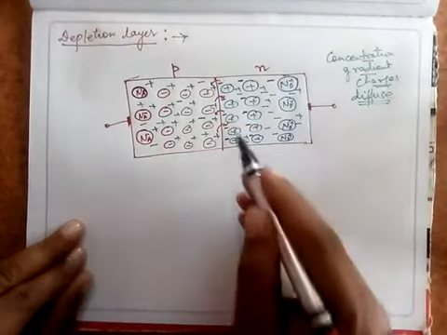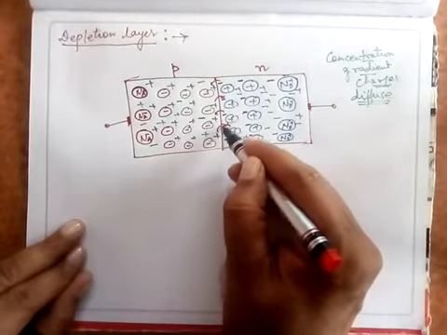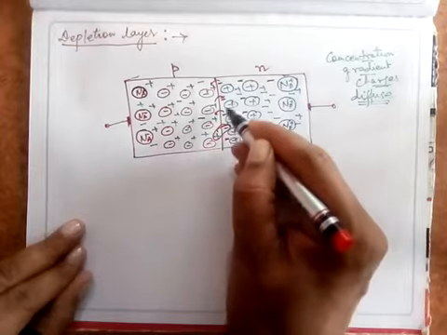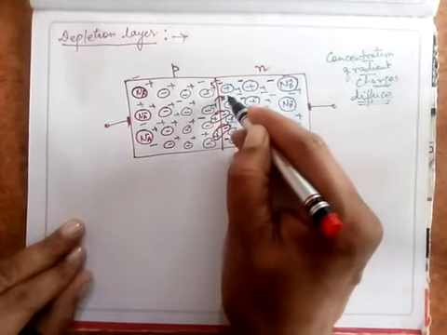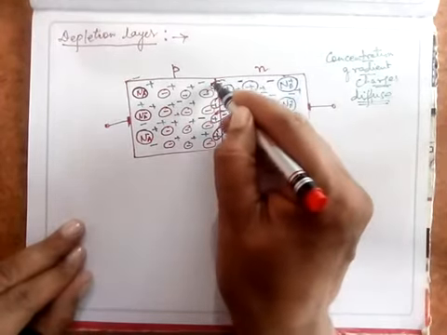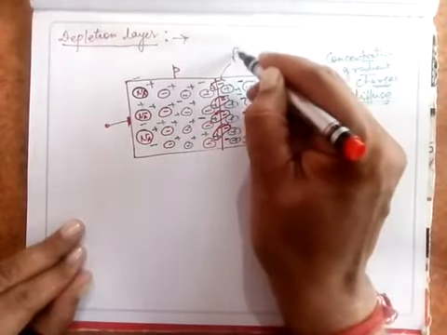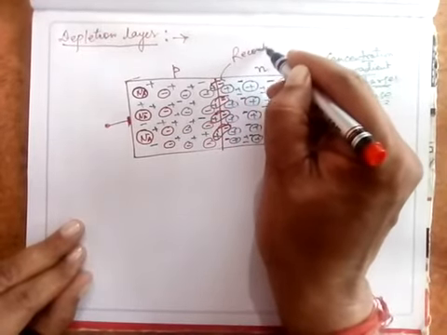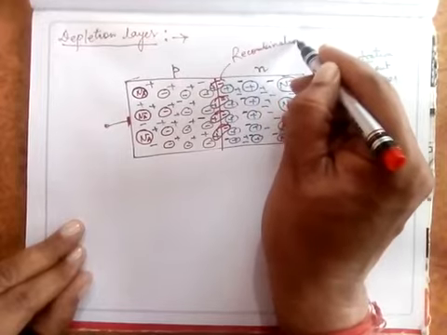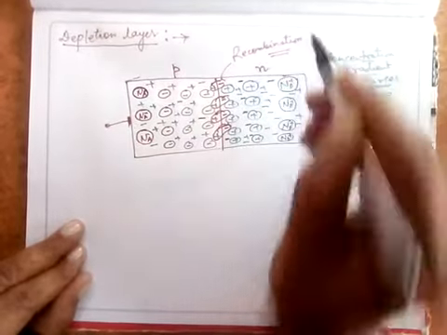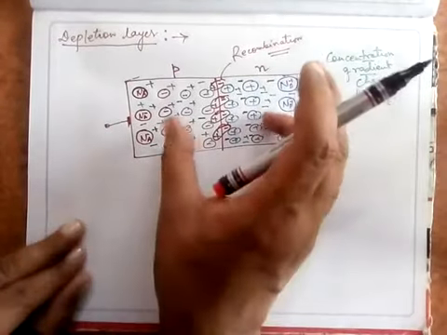Now when they move towards this side, these electrons and holes recombine. This recombination of electrons and holes continues till an equilibrium is maintained.